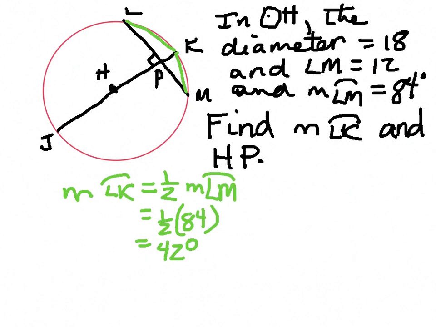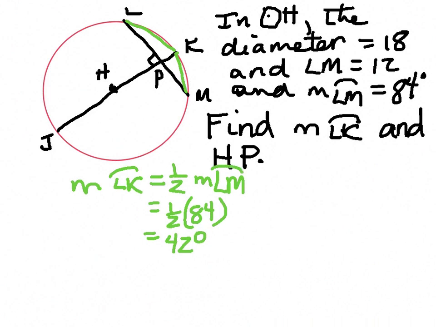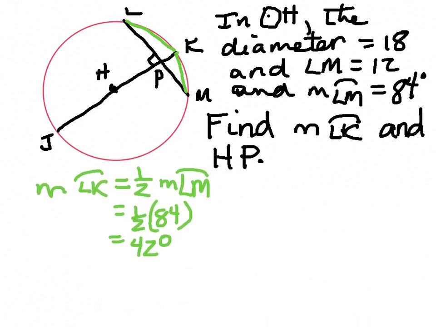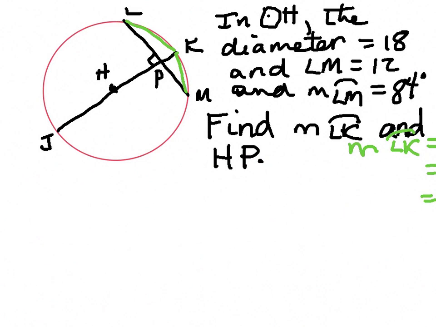So let's do the actual tricky problem at this point. And I am going to move this off screen. Isn't that nice? So it's out of my way. And what we want to find is the length of HP right here. Now, what I'm going to do is label HP x, and then I know that the whole diameter is 18. Therefore, the radius is 9.